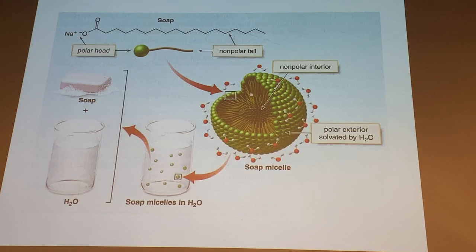So that's the green ball right here, and the orange tails you can see in here are pointing in the interior. What is this? Well, this is called a micelle. This is a macromolecular self-assembled structure that is based on the hydrophobic effect. When you put this molecule in water, these chains will tend to aggregate with each other, and they'll leave the polar head group pointing toward water.